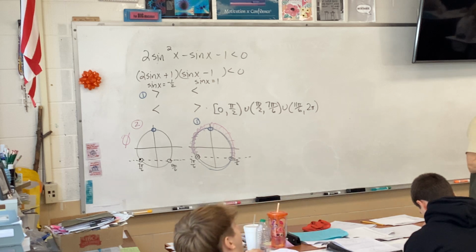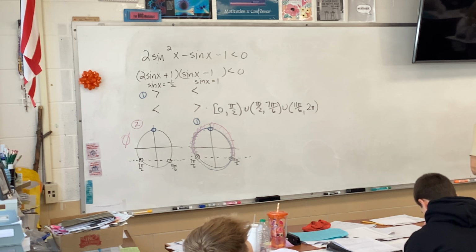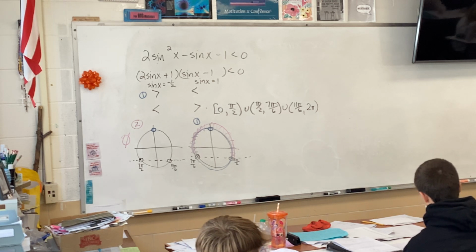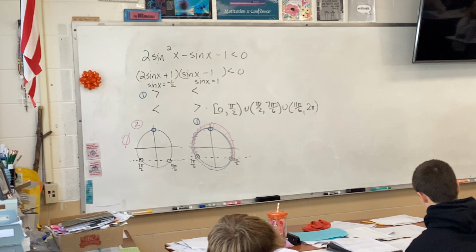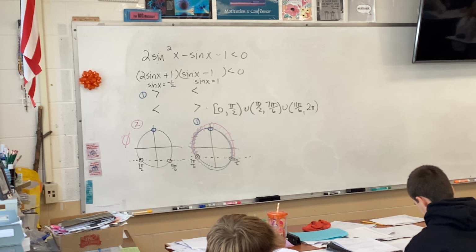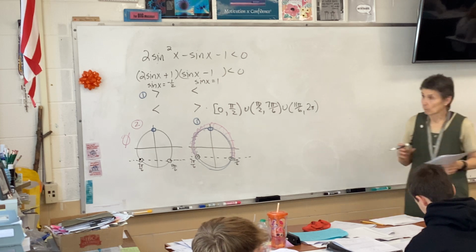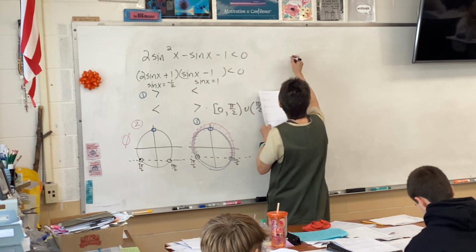So, we're gonna change that cosine 2x. What are you gonna change it into? You have a choice. What is the best choice? Two cosine squared minus 1. And why is that the best choice?